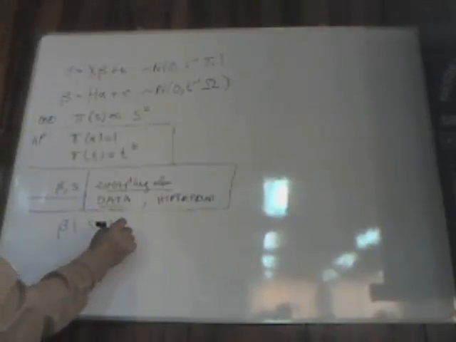What you can do is you can get beta given S, T, alpha, y, and for all of these 5 things you can get the conditional density given the others.